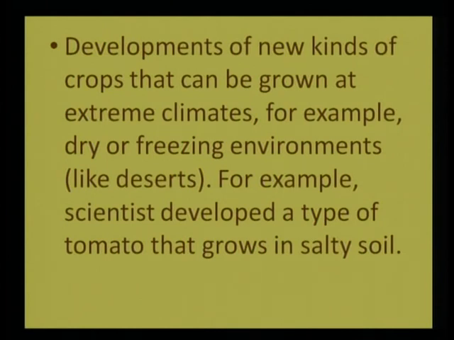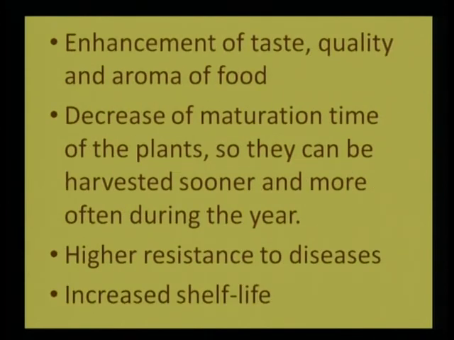Scientists have even developed a type of tomato that grows in a salty environment, because due to osmotic pressure, naturally occurring tomatoes cannot be produced in salts. If we can modify their genes, then they can tolerate very high salt concentration.